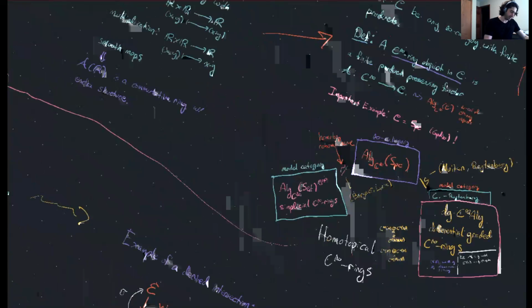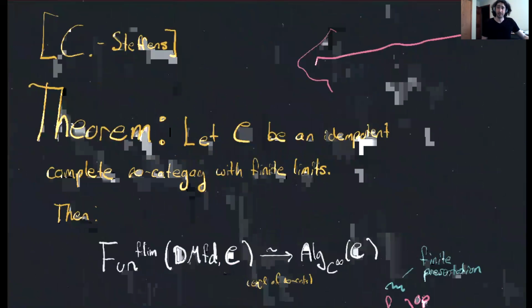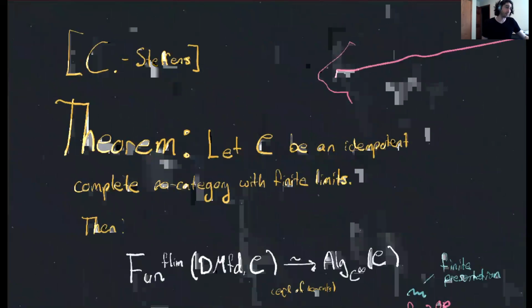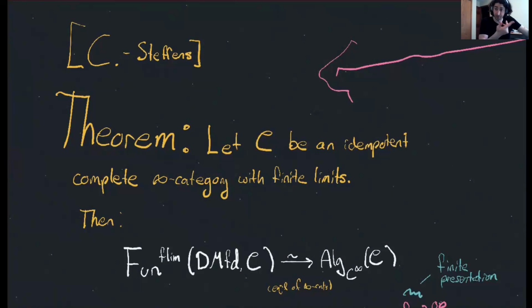Here is the connection between C-infinity rings and derived manifolds. If I have an idempotent complete infinity category C with finite limits, then functors from derived manifolds into C which preserve finite limits are equivalent to just C-infinity ring objects in C. By definition, this is also equivalent to functors out of manifolds into C which preserve transverse pullbacks and the terminal object.